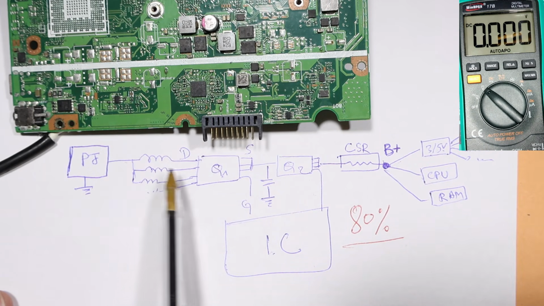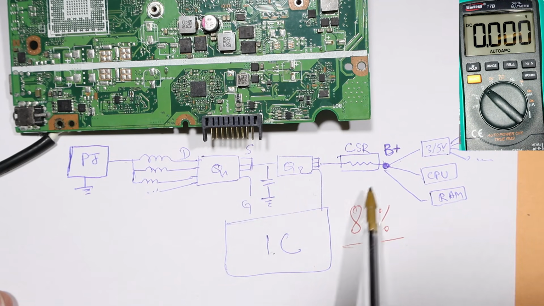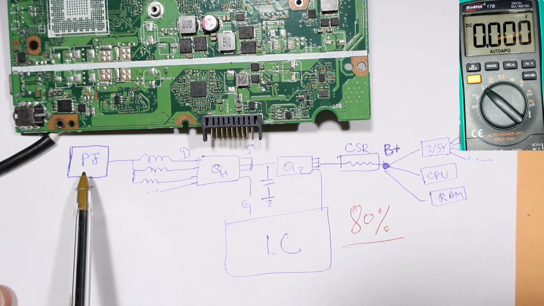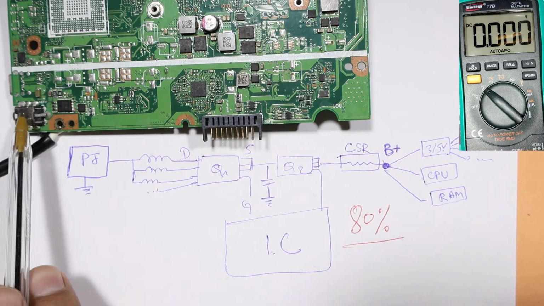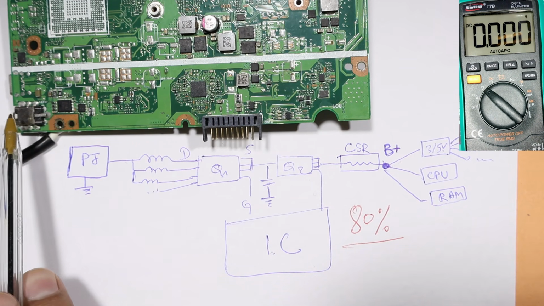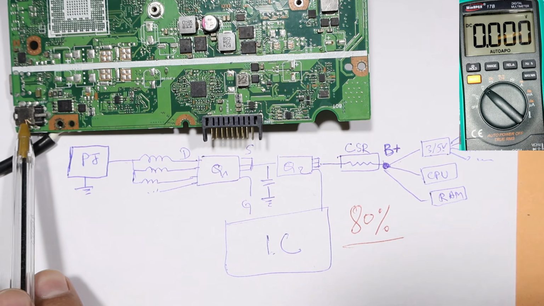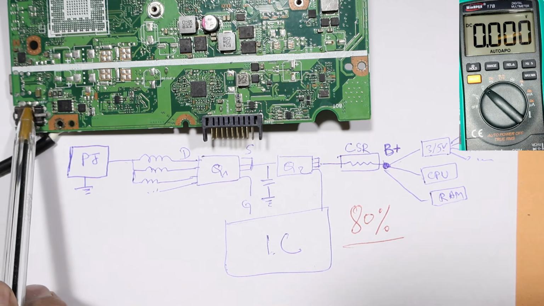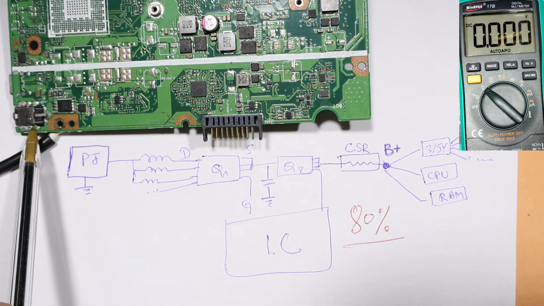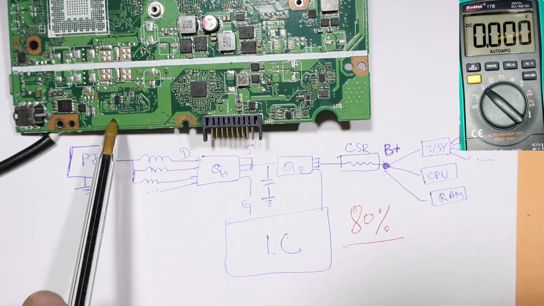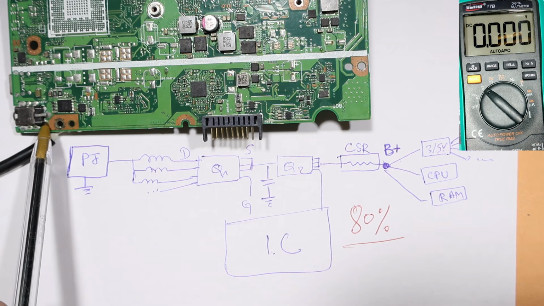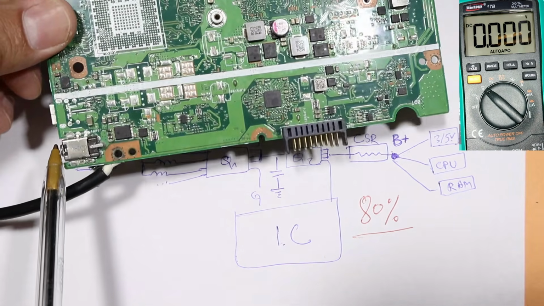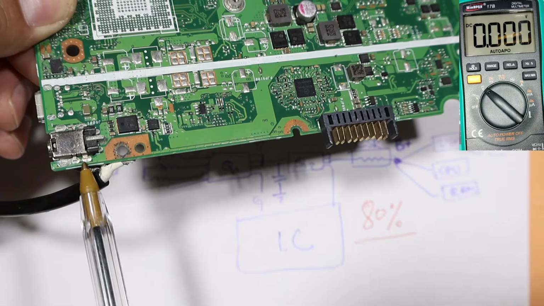Of course, not just the MOSFETs, IC and current sense resistor, but also the power connector or power jack could fail. How? As you can see here, when the soldering is bad or dry, not soldered completely and perfectly to the board, you will get no power due to the dry solder here.